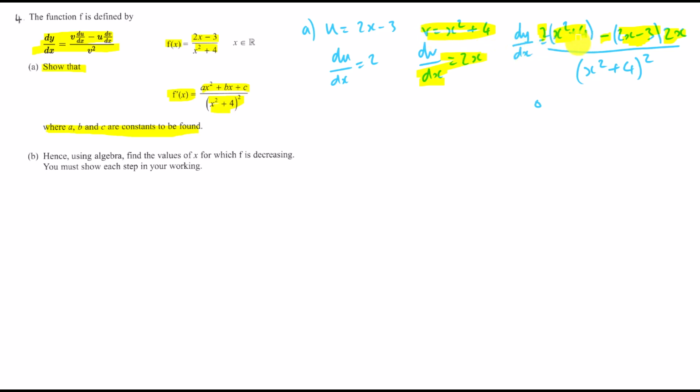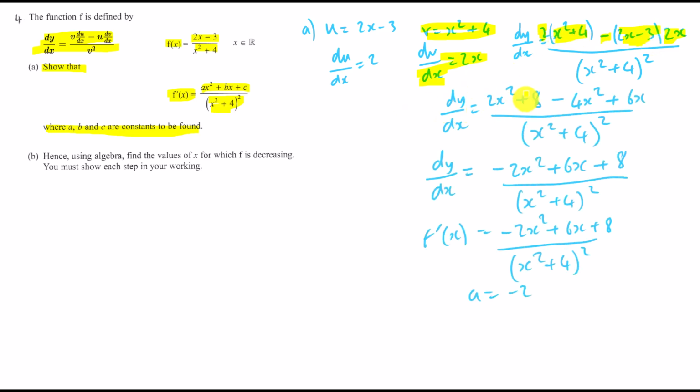Next stage is to simplify the top, so multiply out the brackets. Once you multiply out the brackets, do be careful of the negative signs, because that would give you 2x squared plus 8, which is here. Now that will give you minus 4x squared because you've got the 2x on the outside.